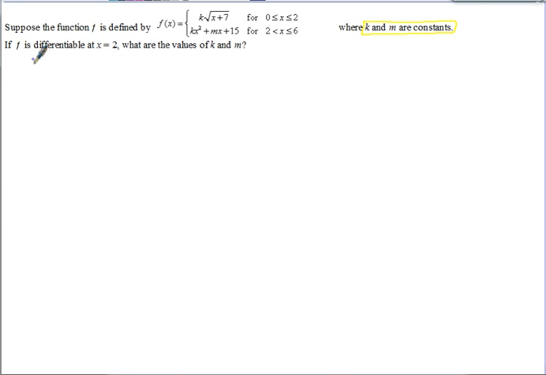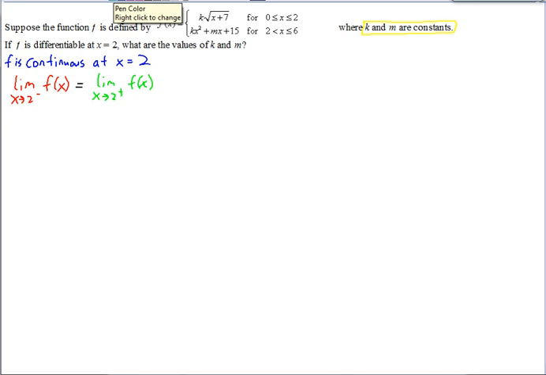So first we have to make sure it's continuous at x equals 2, because it can't be differentiable if it's not continuous first. So that's where we use the original function and set the limit as x approaches 2 from the left of f of x equal to the limit as x approaches 2 from the right of f of x.